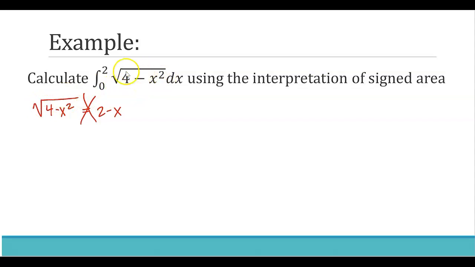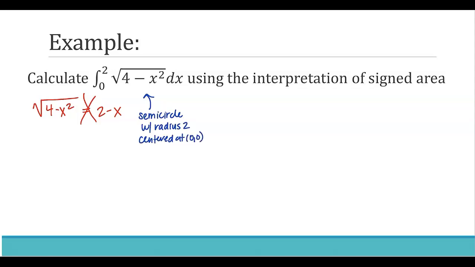We have to recognize that the square root of 4 minus x squared actually graphs a semicircle. And the radius of that semicircle is 2. So it's a semicircle with radius 2, centered at the origin, so centered at 0, 0.